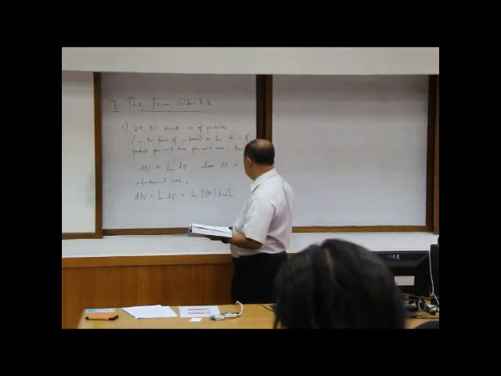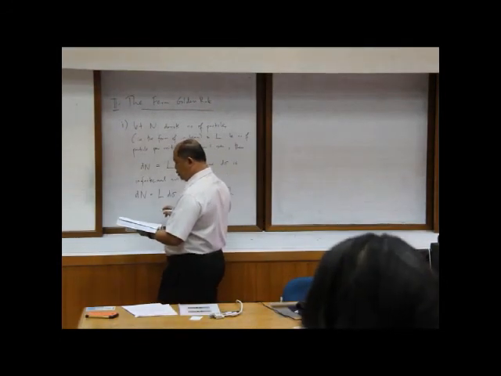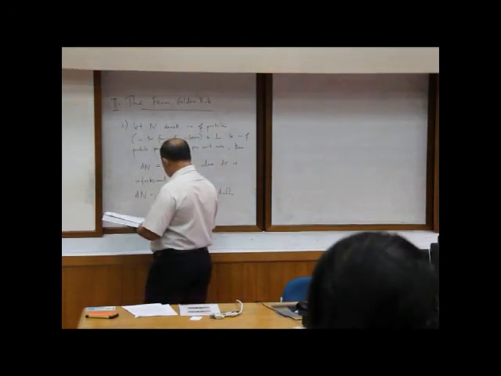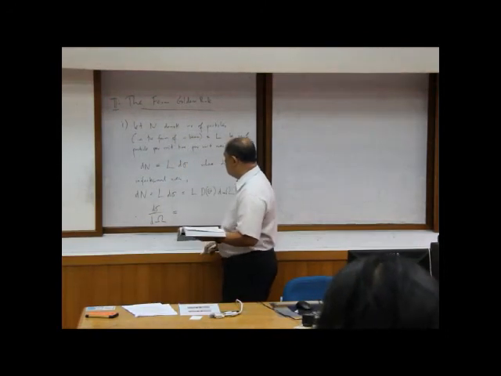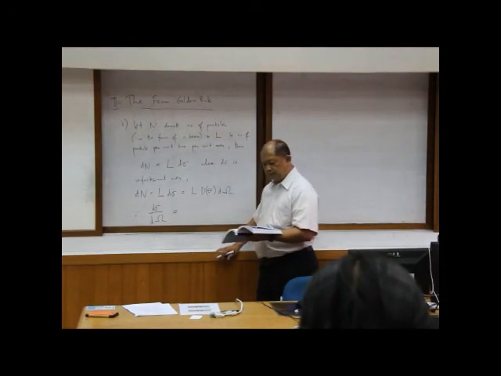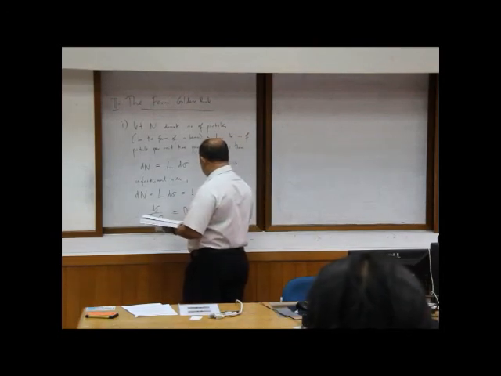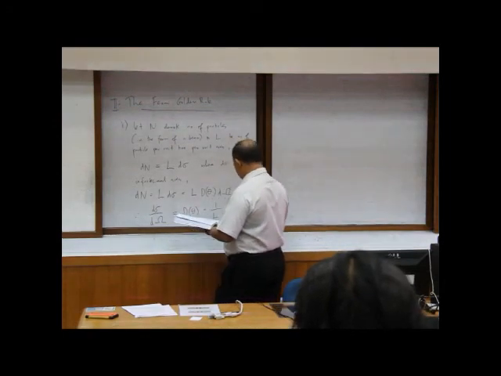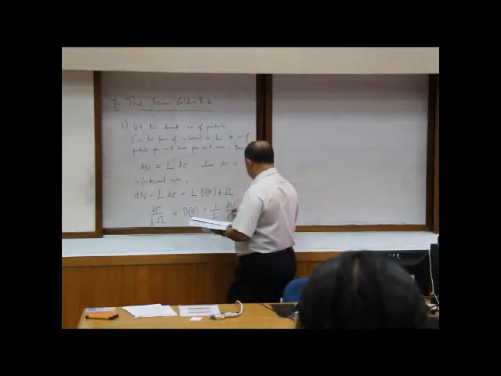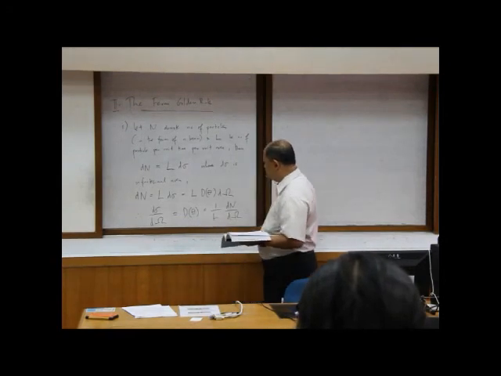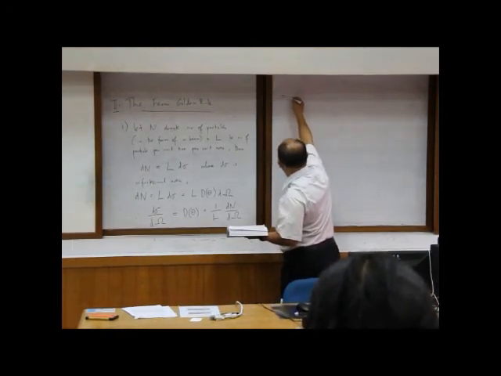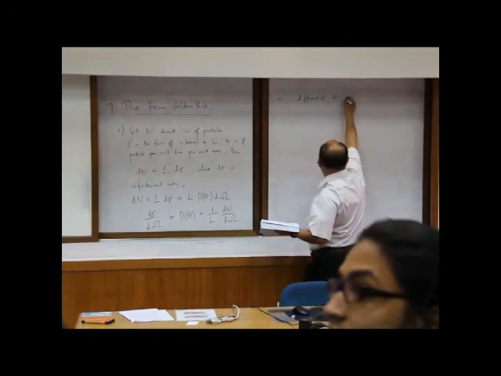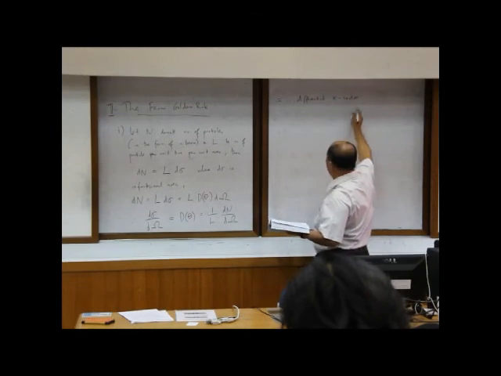So you will see that therefore d sigma d omega is called the differential cross section. It's called d theta, and this is 1 over L and d omega. So this is called the differential cross section, which you learn in advanced physics.